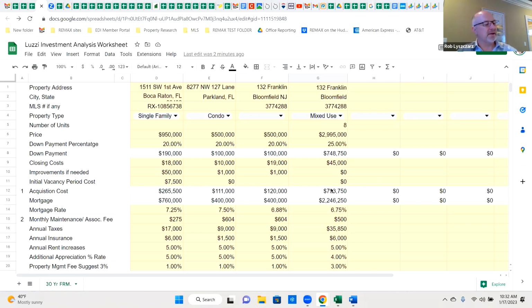Now, one is rented out for 1,700, one's 1,300, one's 1,850, and one's 1,300. It could be the one for 1,850 is in much better condition. They're exactly the same square footage. Or it could be that they just haven't raised the rent on the others. Could be that they're not allowed to raise the rent on the others, right?